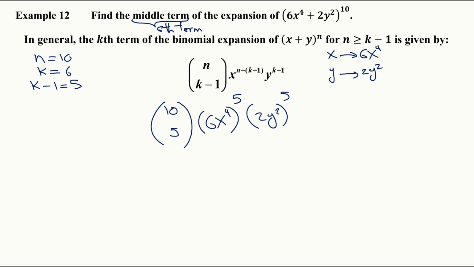So we're looking at 10 factorial divided by 5 factorial times 10 minus 5 factorial, which is another 5 factorial, times 6 to the 5 times 2 to the 5, and then x to the power of, using the power rule, 20, and y to the power of 2 times 5, which is 10.